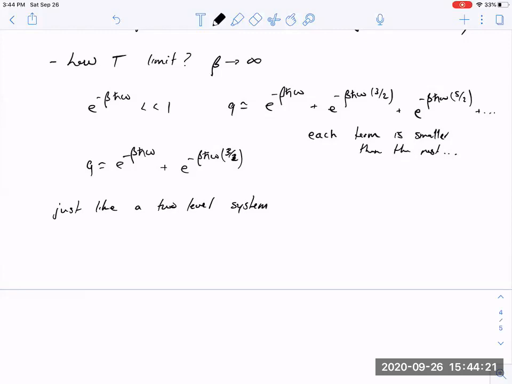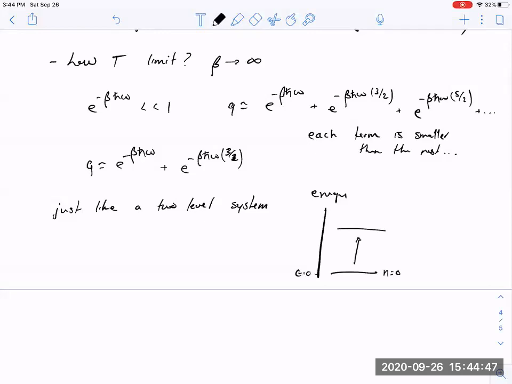If I imagine energy, I have some ground state energy, which is h bar omega. Let's not say that. Let's just set that ground state energy to be 0.